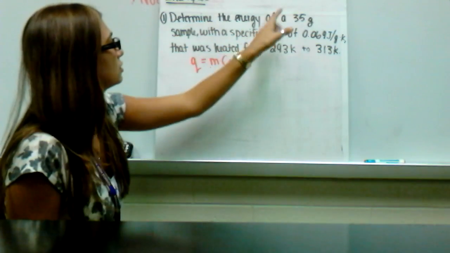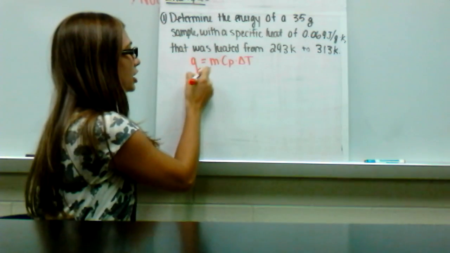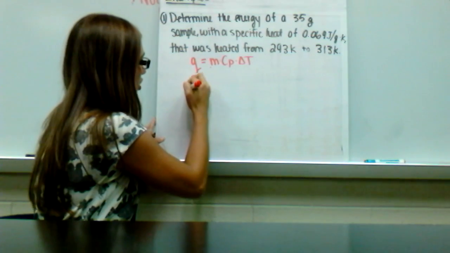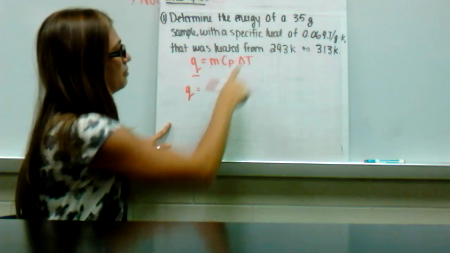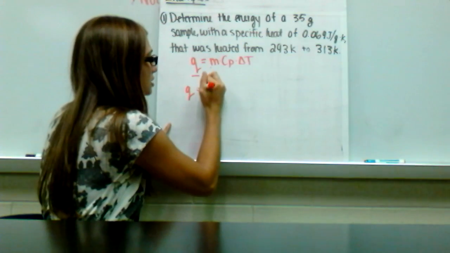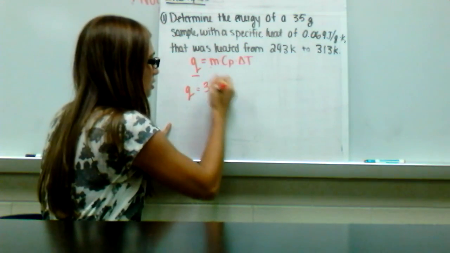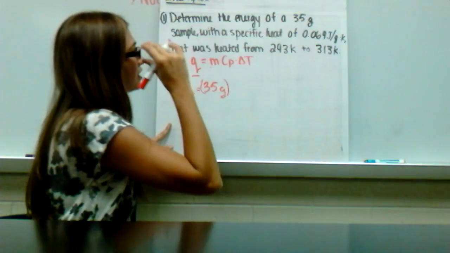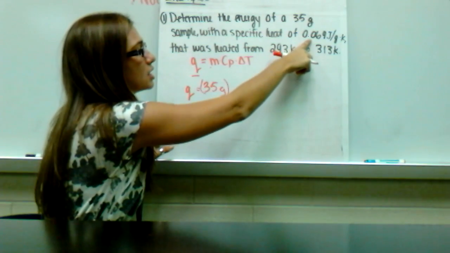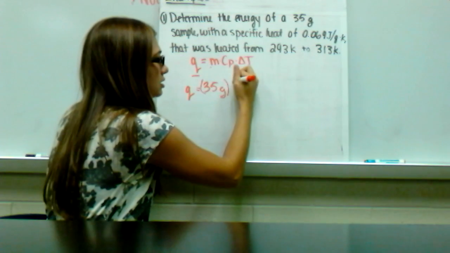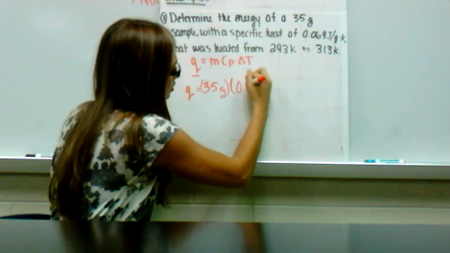All right, so here we're trying to find the energy, so that's going to be our Q. So we have Q is equal to mass, so they gave us 35 grams. Then they told us that the specific heat was 0.069, so we're going to multiply that.